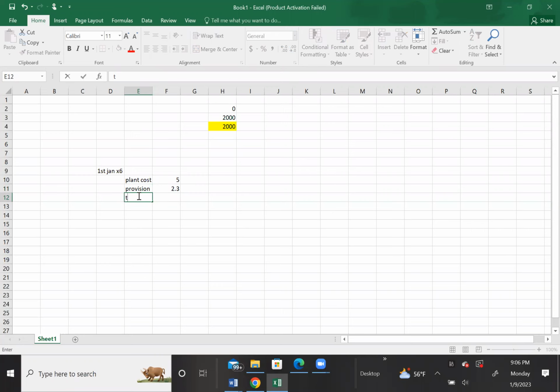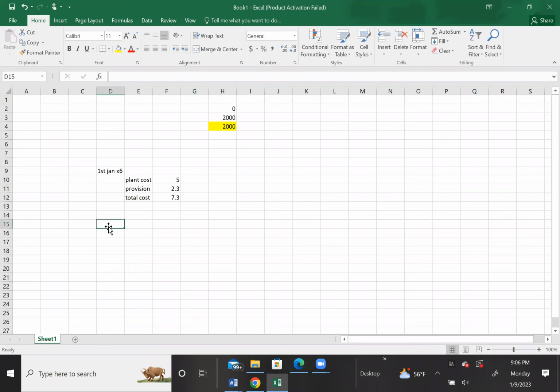So the total cost of the asset will be 7.3 on 1st January X6, and 2.3 will be recognized by debiting the asset and crediting a provision.